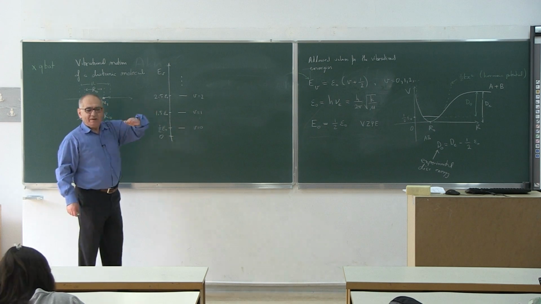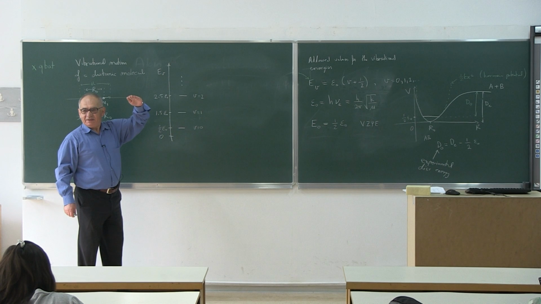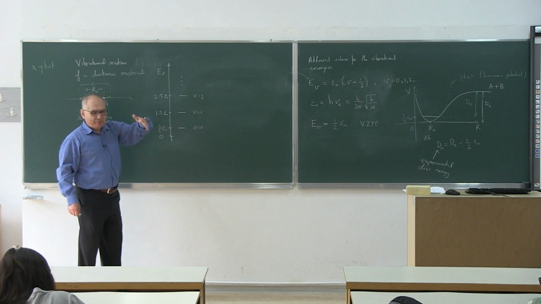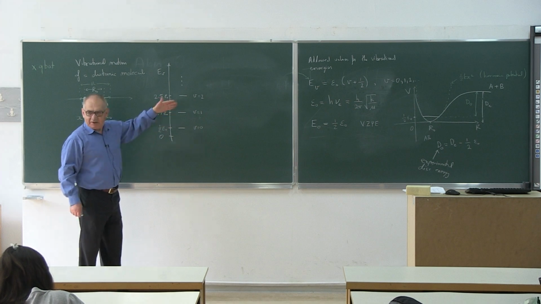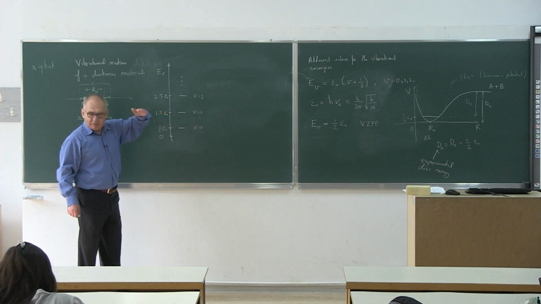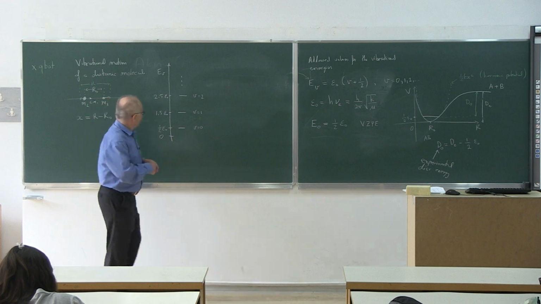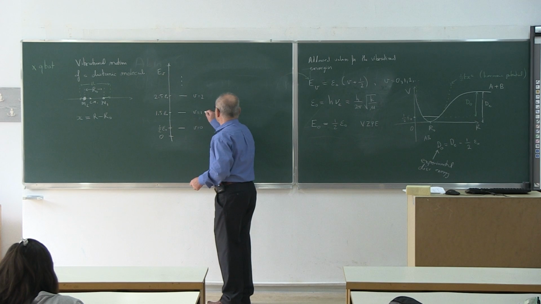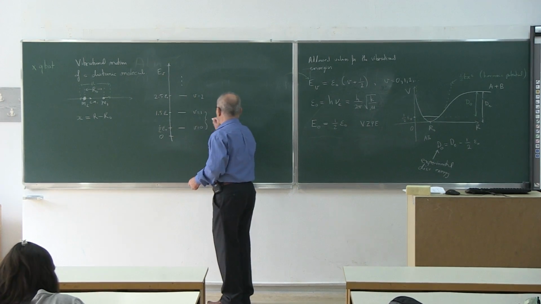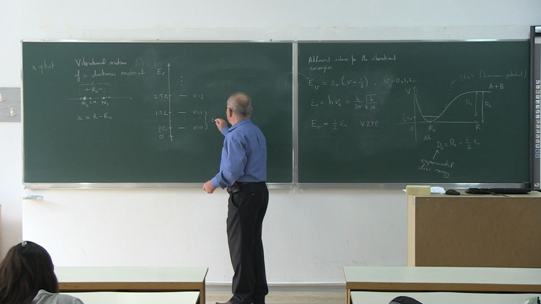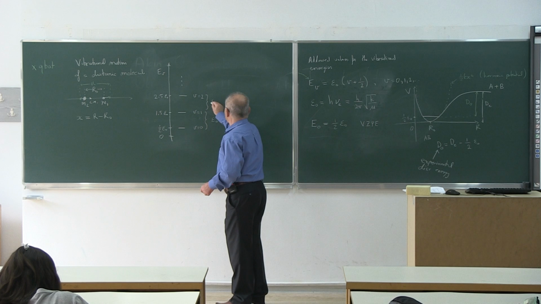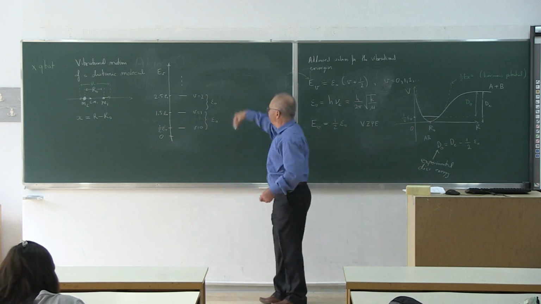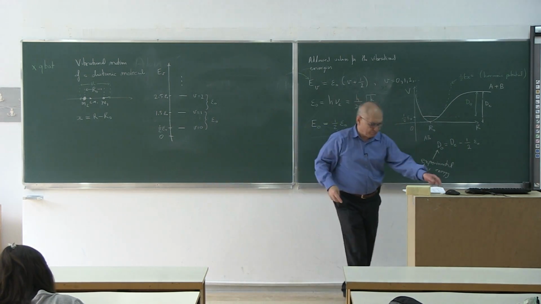So vibrational levels are equidistant. This is something which we see immediately. Equidistant vibrational levels. And the difference between two levels is just F0, and so on.